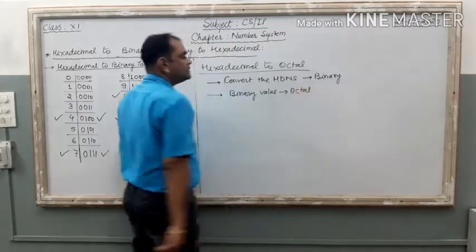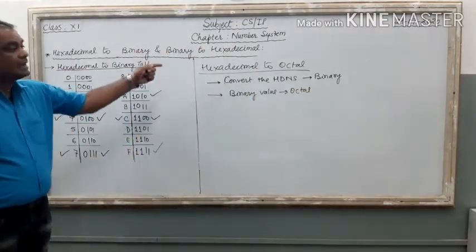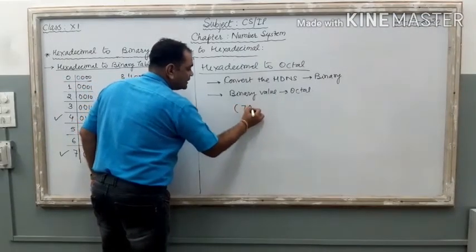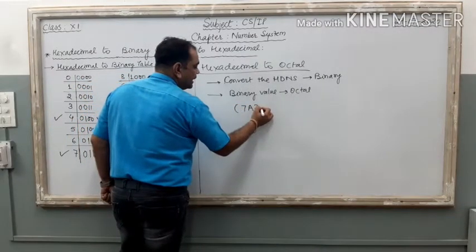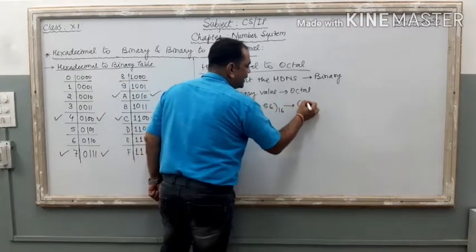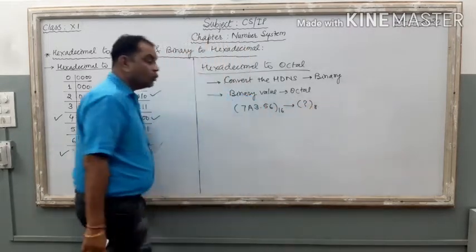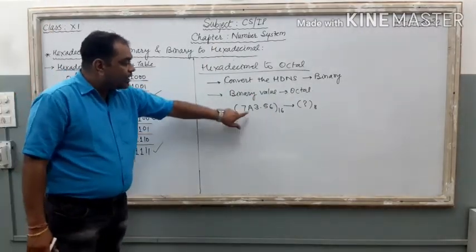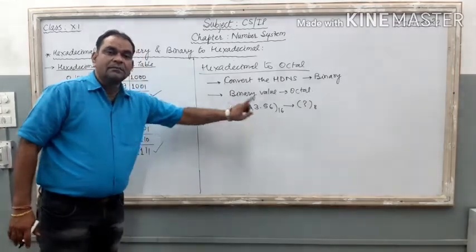This is the process. If you want to convert hexadecimal to octal, just take one example. Suppose the hexadecimal digit 7A3.56. It is a hexadecimal number and we have to convert it into octal. No direct converting process is there in the syllabus. So very first, we convert this hexadecimal into binary.